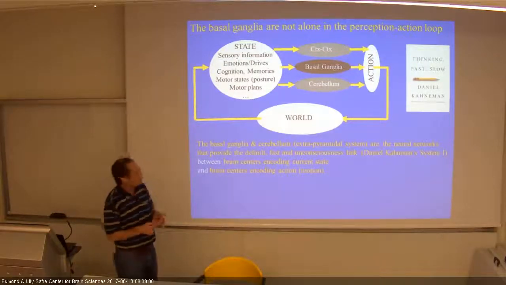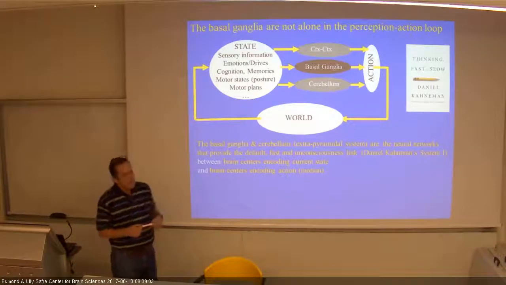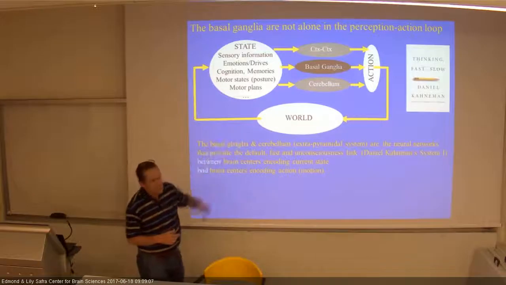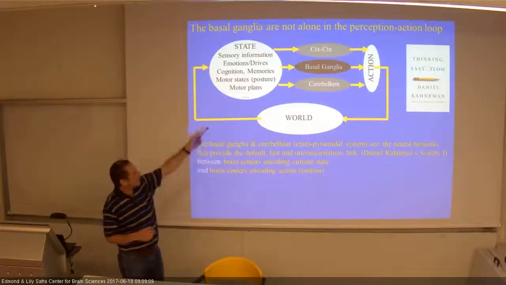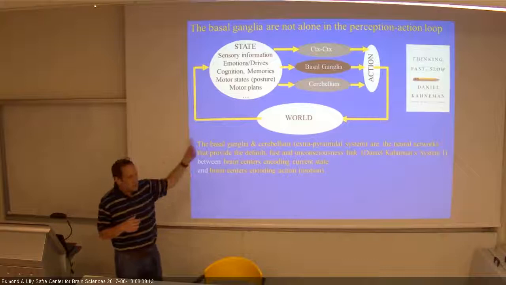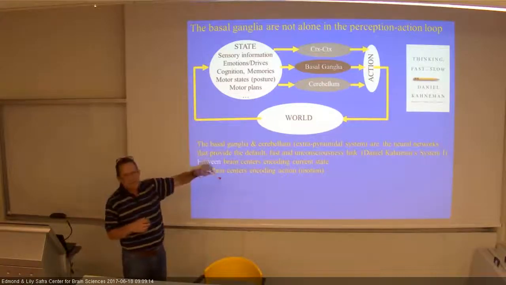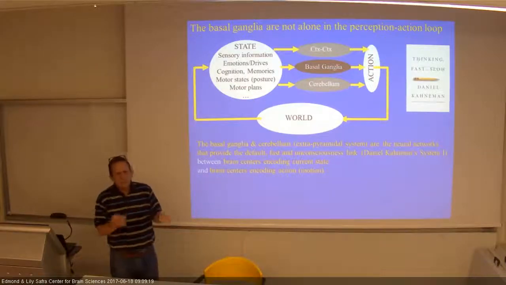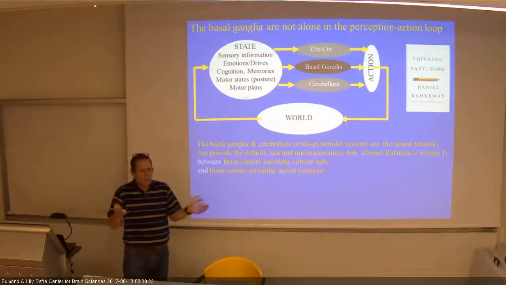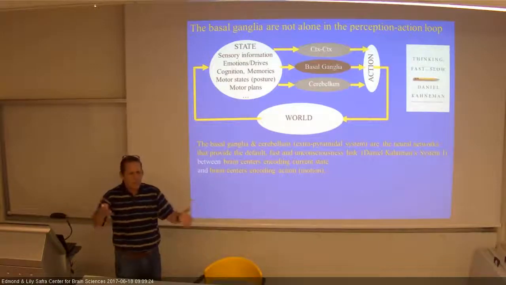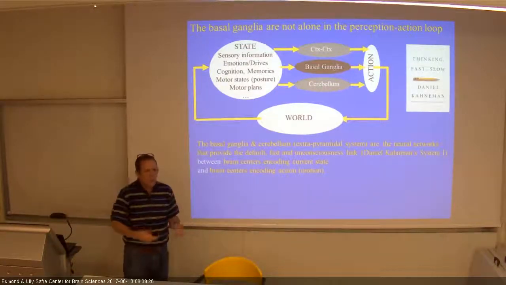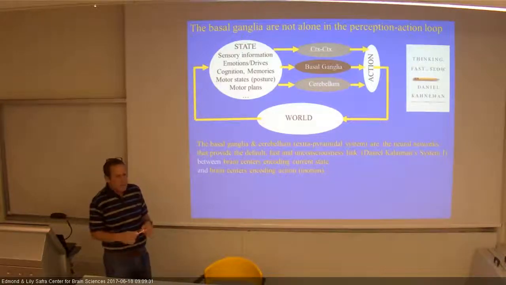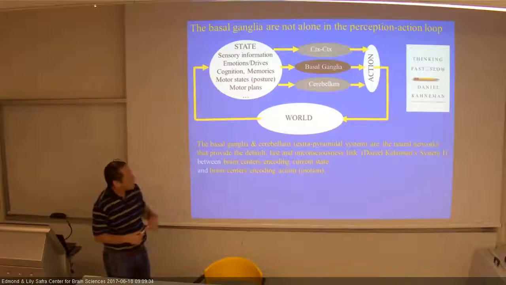And even between the center that encodes the current state and the center that encodes action, it is not only the basal ganglia that connects them, there is also the cerebellum that connects them, and there is direct cortico-cortical connection, because we can go from the primary sensory area directly to the motor center in the frontal cortex. Okay, so there are many connections between state and action.